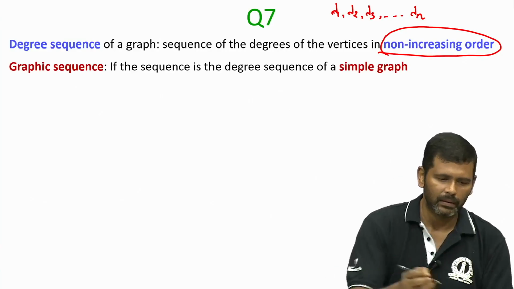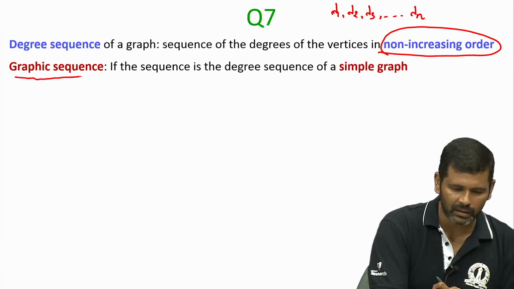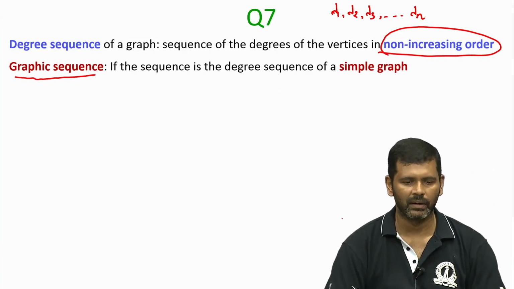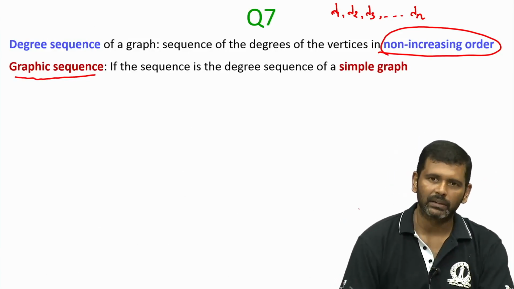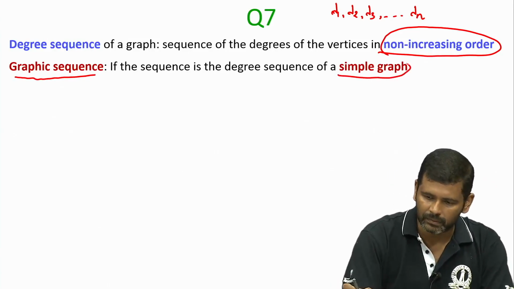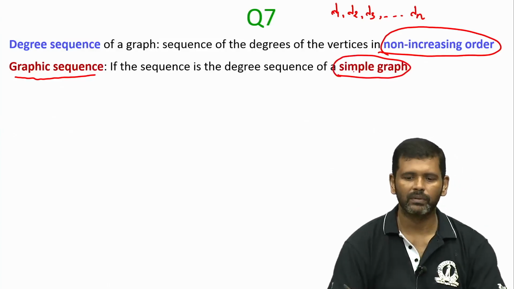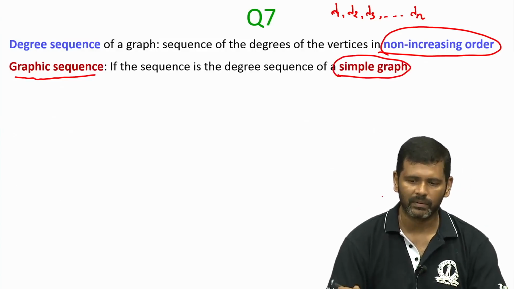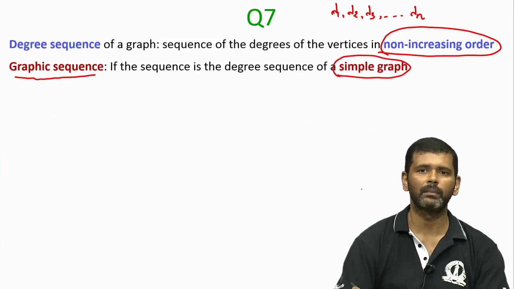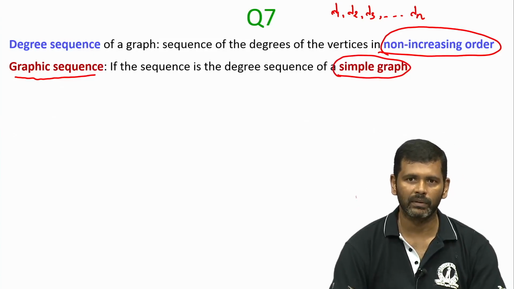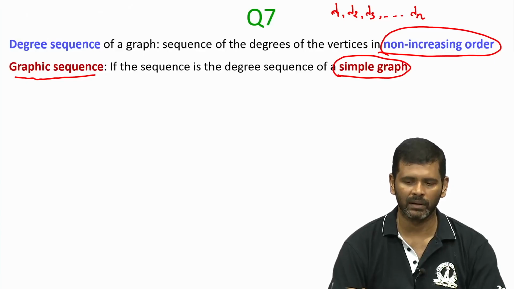And we say a sequence of n values is a graphic sequence if you can construct a simple graph whose degree sequence is the given sequence. If you can't draw any simple graph whose degree sequence is a given sequence, then the given sequence will not be called a graphic sequence.